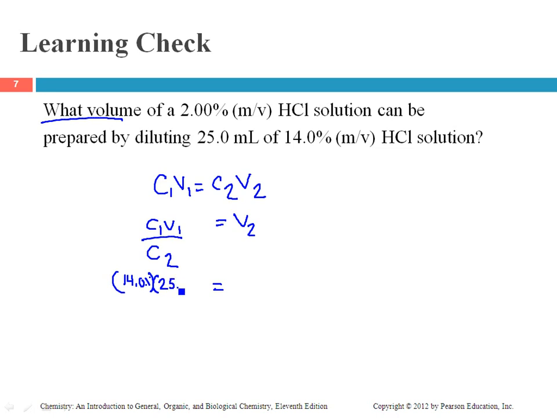Our volume is 25. And we are going to divide by 2. This should give us 175 milliliter solution. So here's our C2, our C1, and our V1.